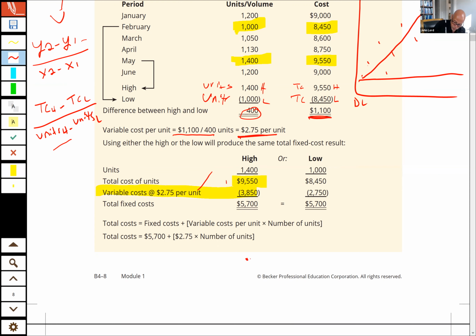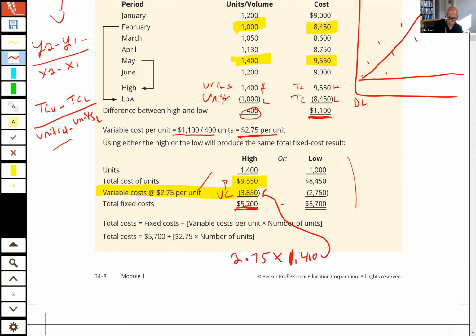So they're saying 2.75 times the high number of units, 1400. Somebody check the math on that, please. Does that give us 3850? Yes, Professor. Okay, good, thank you. And so if this is my total cost and this is my variable cost, then the difference must be the fixed cost, 5,700.